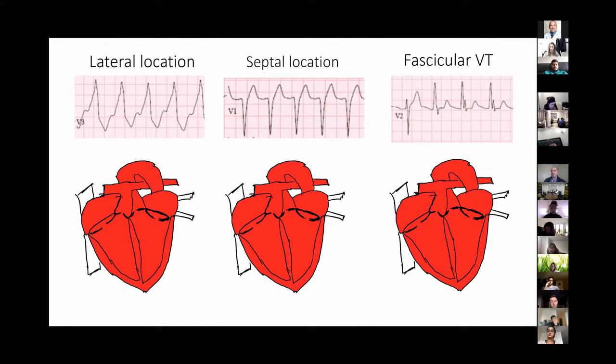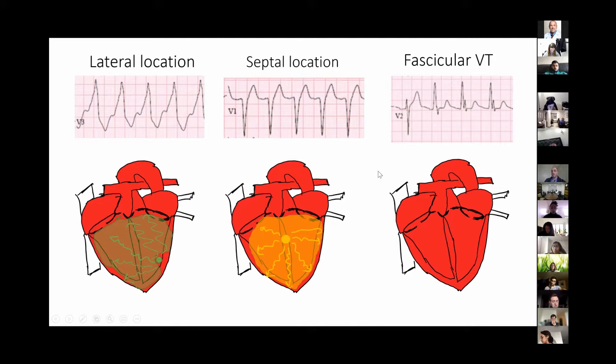If you have VTs that are coming from the lateral wall, that means that the whole depolarization of the myocardium is very inefficient and slow, and those are going to be our widest type of QRS. And if you have something like a septal location of your focus of ventricular activity, you see how it's going to be much narrower.